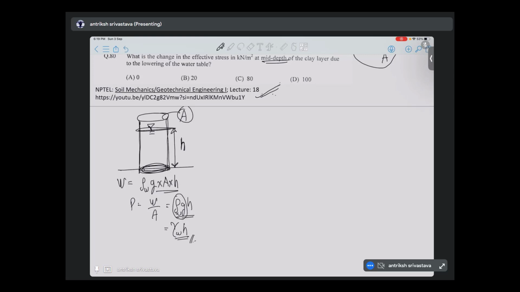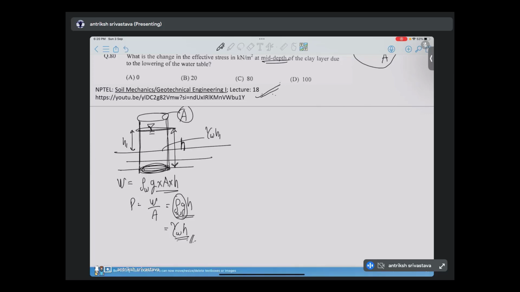So at any depth h, we have the pressure gamma h or rho g h. If I look at this depth, that is h1, the pressure will be gamma w h1. And if I look at this depth, where it is h2 from the top, the pressure will be gamma w h2.